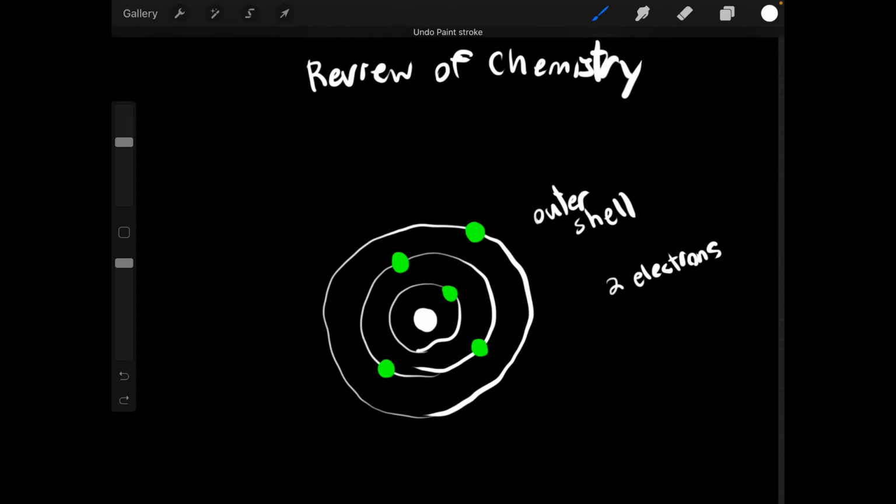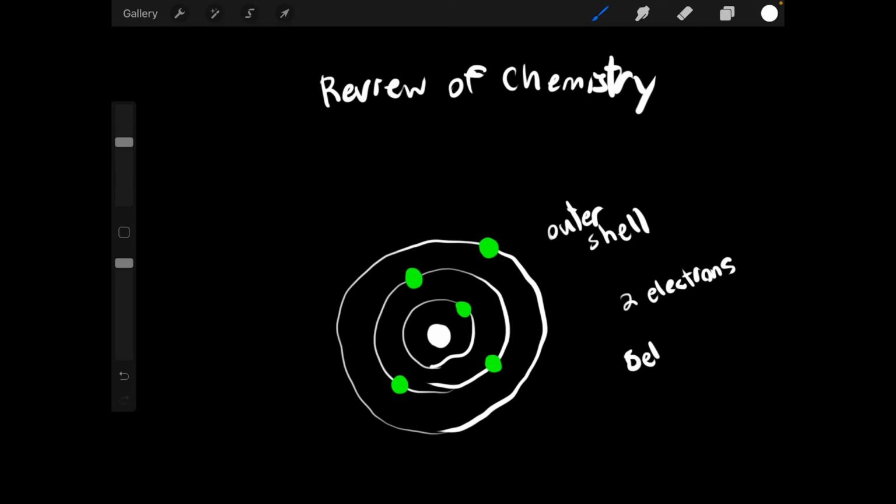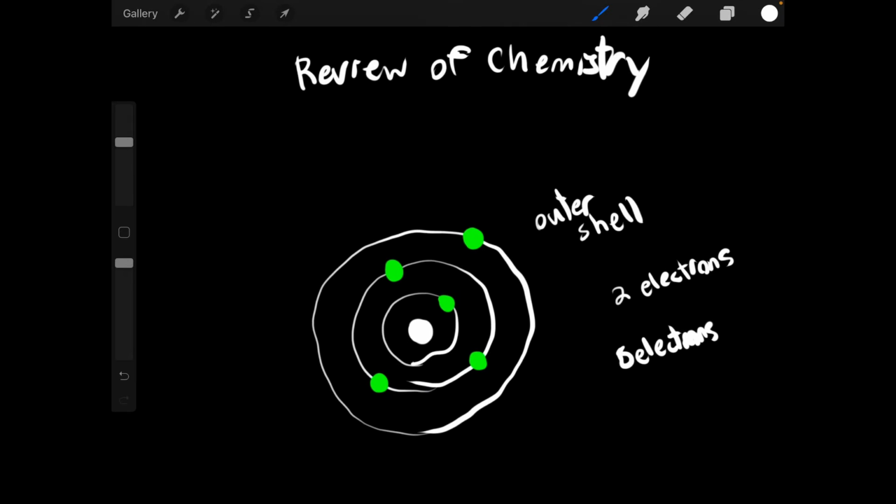The inner ones, like this one and this one, can hold up to 8 electrons. But the atom wants a full outer shell, so 2 electrons in this outer shell. There are different ways to get 2 electrons. Most of them have a downside, but the main goal is to get 2 electrons. That's the atom's goal.